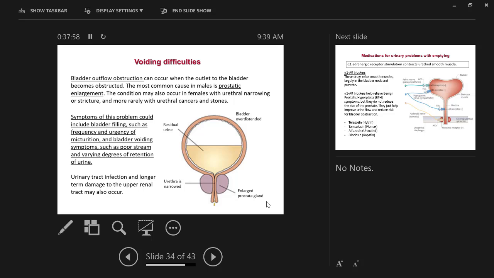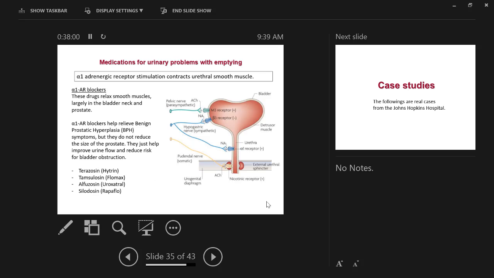Coming back to the neurotransmitter mechanisms, now the problem is emptying. Alpha adrenergic receptor stimulation contracts urethral smooth muscle cells. So if you use alpha adrenergic receptor blockers, then you can relax this muscle.